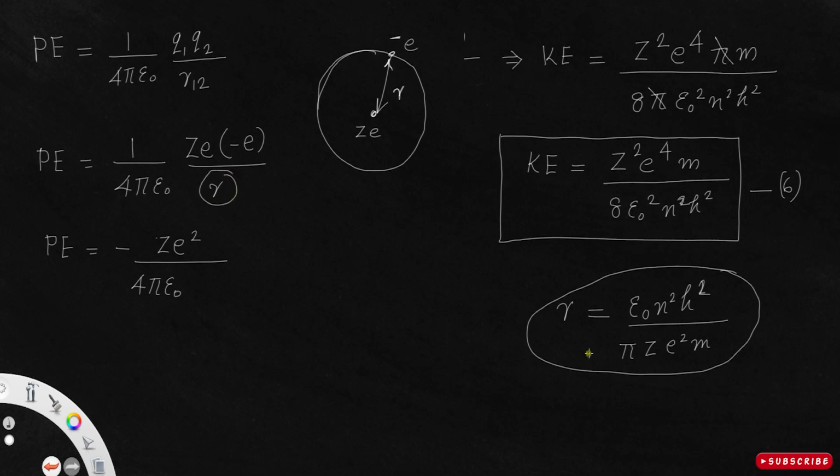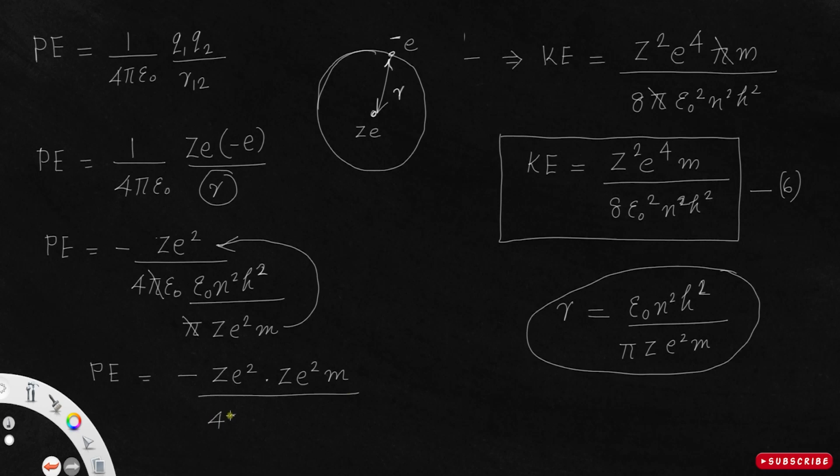Now let me plug in this value for r, that is epsilon 0 n square h square divided by pi Z e square m. You can cancel this pi and this term will move to the numerator. So the potential energy will be minus Ze square into Z e square m divided by 4 epsilon 0 square n square h square.